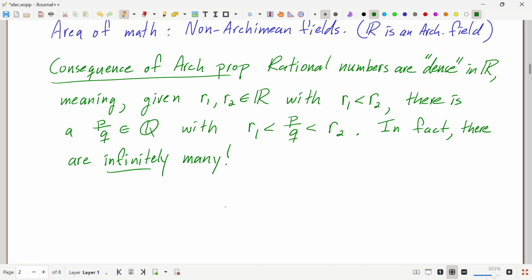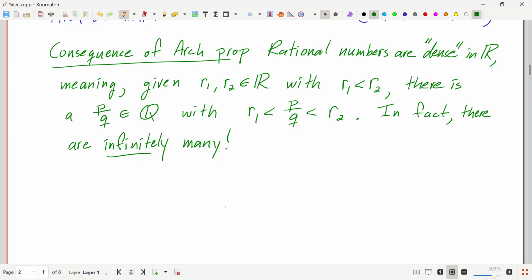I could make you believe it in 10 minutes, but to write out a map that would do it, you'd have to sit and think about it for a while. There's countably infinitely many.